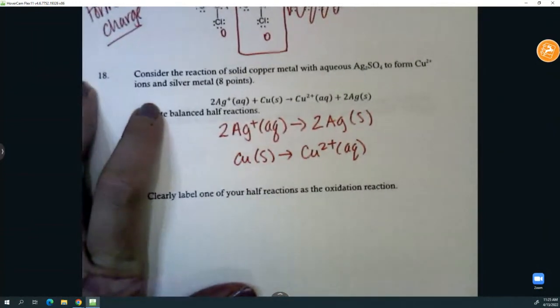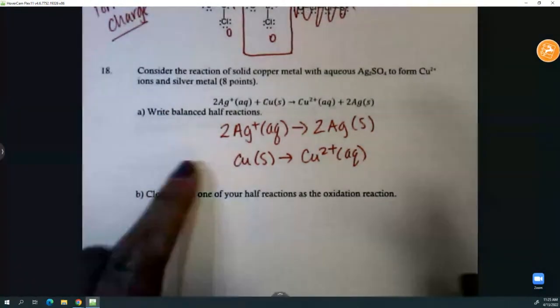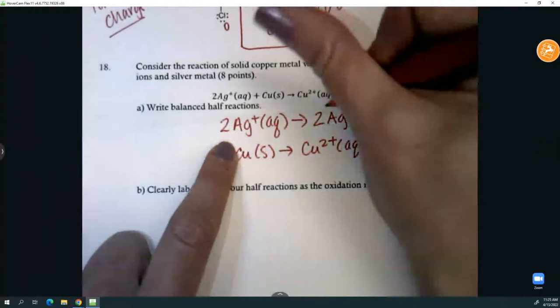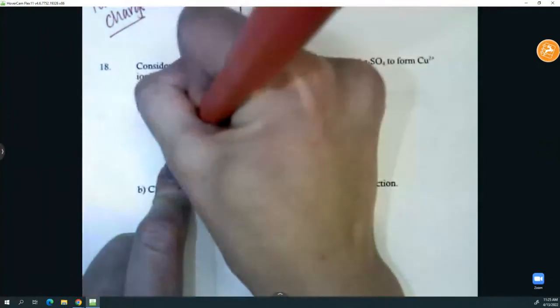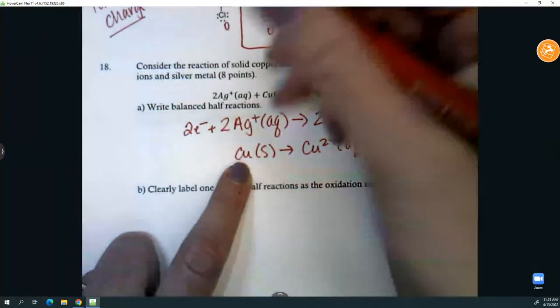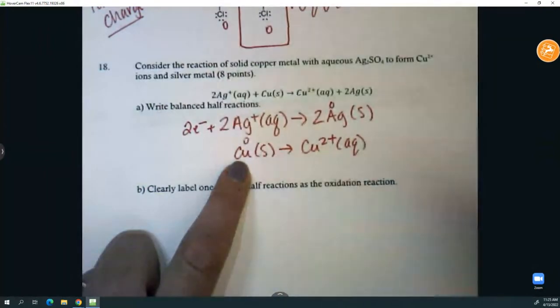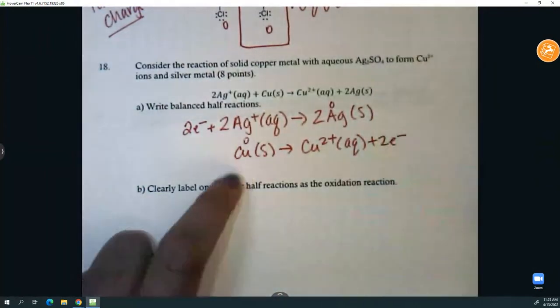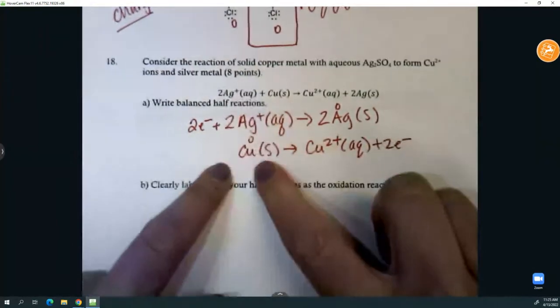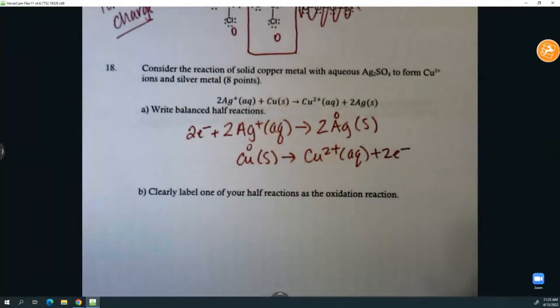And then I want to balance them with electrons so that they have the same total charge on the left and the right. So right now I have 2 pluses over here, 2 zeros over here, so I'm going to need 2 electrons. Here I have 0 over here and a 2 plus over here, so 2 electrons. So that makes it 0 on this side, 0 on this side. Same there.